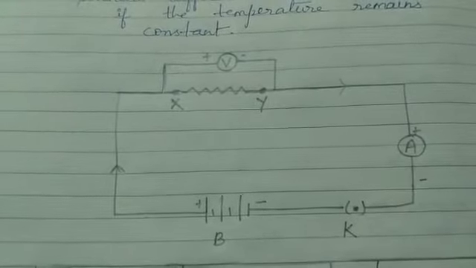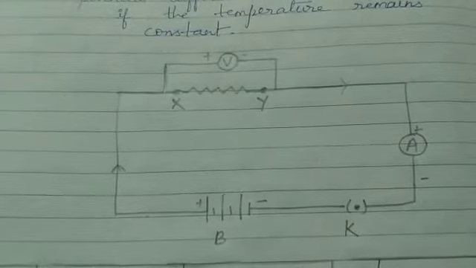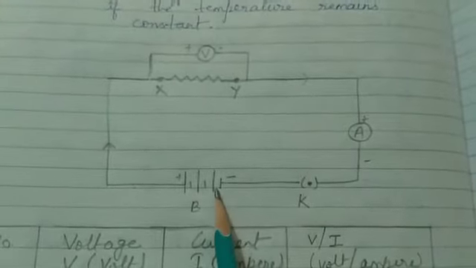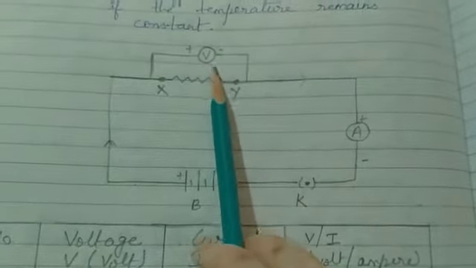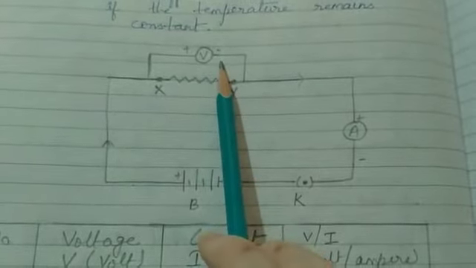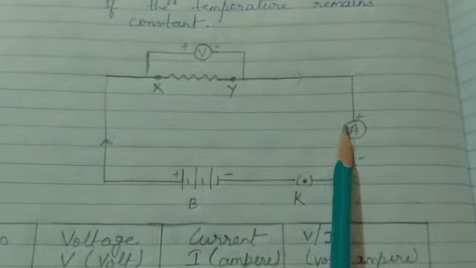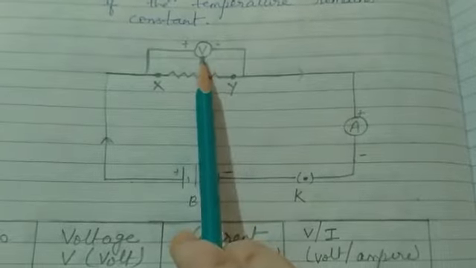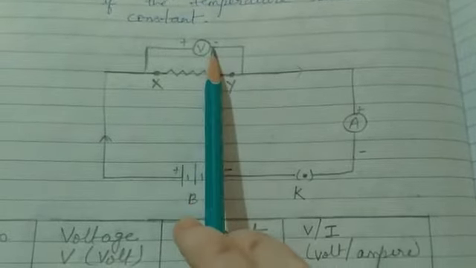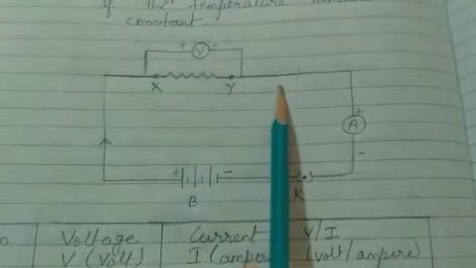So how do we perform this activity? In this circuit, when the current is flowing, we will measure the value of voltage, and with that voltage we will measure the value of current. Then we change the value of voltage. Suppose we increase the voltage, and according to that we note the value of current.